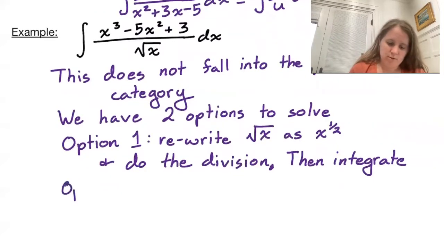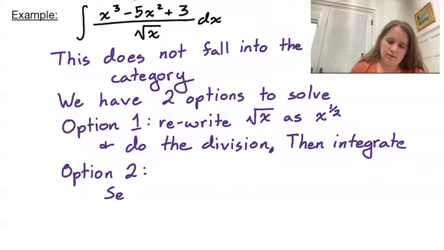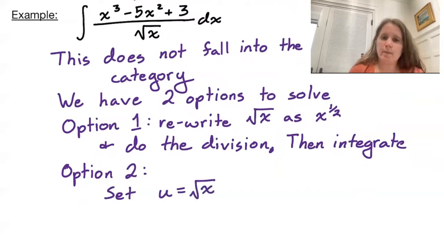So for option 2, we are going to set u equal to the square root of x, or x to the 1/2.